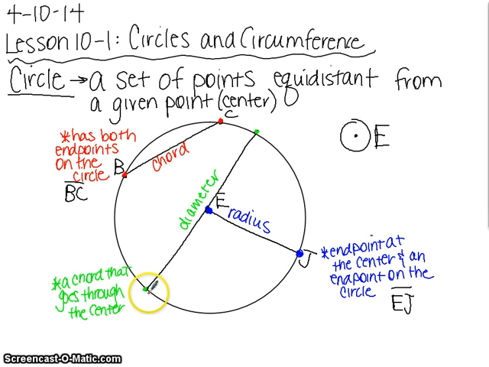If I were to name this diameter, I don't know, how about HK? Okay, well again, I would go HK and then put that segment symbol over the top of it. So we haven't really done a lot with segments recently, but just to review that that's what that symbol is. So when you name all of these things, they are just segments. So make sure you put that segment over the top. All right, so that's going to be part of what you're going to be doing today, just identifying these things, so naming these things.